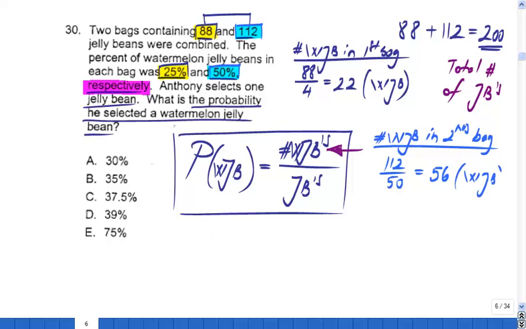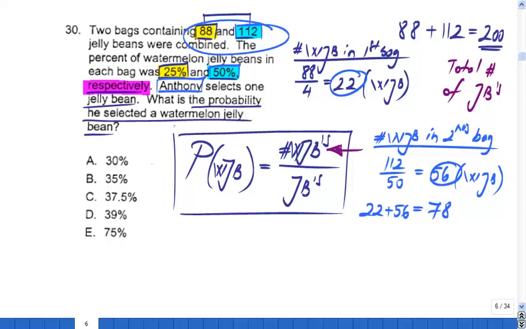Watermelon jelly beans. So now, together, when I'm putting all my 88 and 112 jelly beans in the big bag, I will have inside 22 plus 56 watermelon jelly beans. 22 plus 56 is going to be 78.